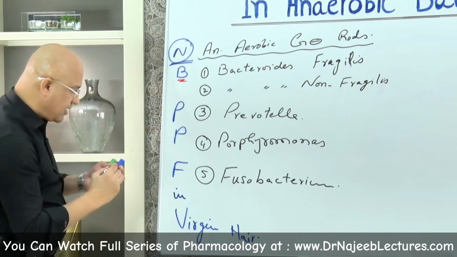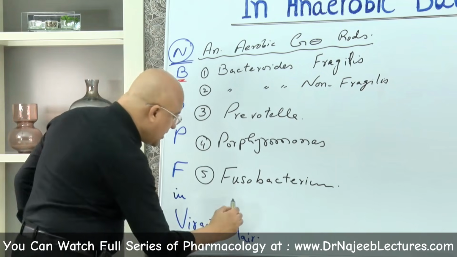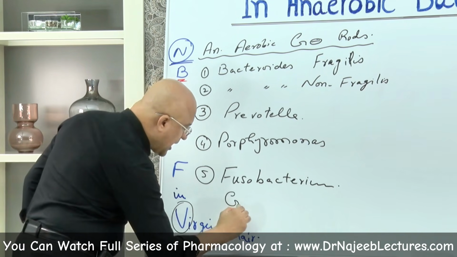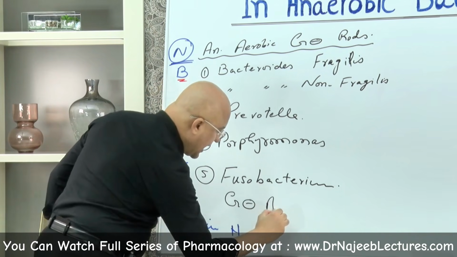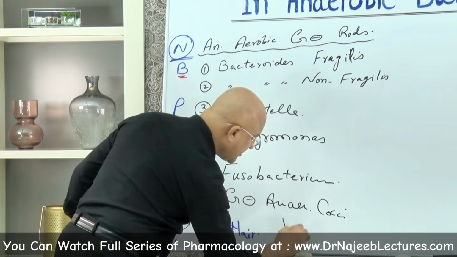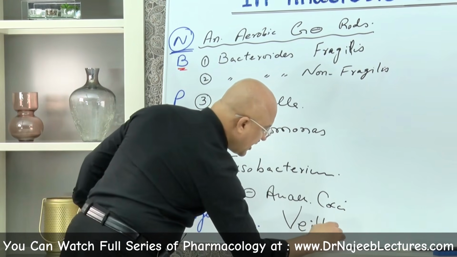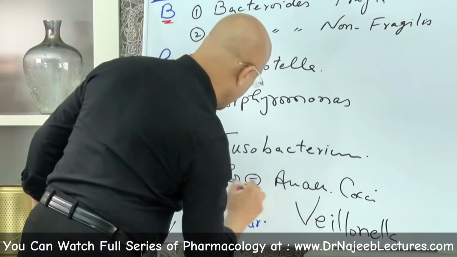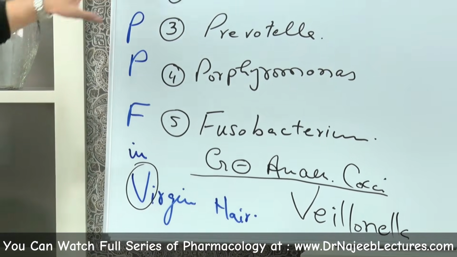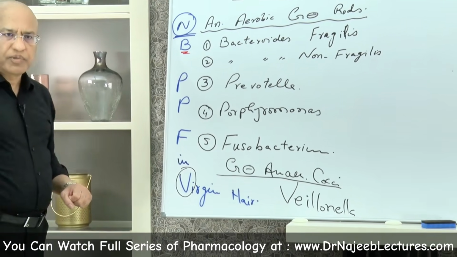In virgin's hair, the V stands for gram negative anaerobic cocci, that is Veillonella species. So these are the most important gram negative organisms.